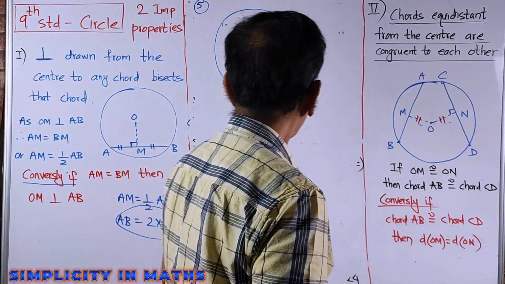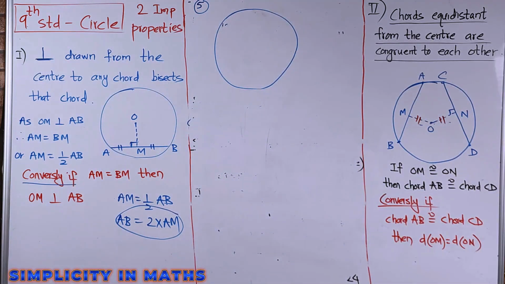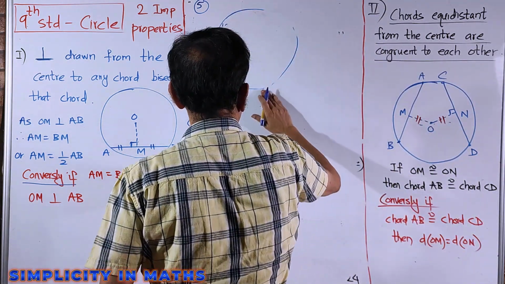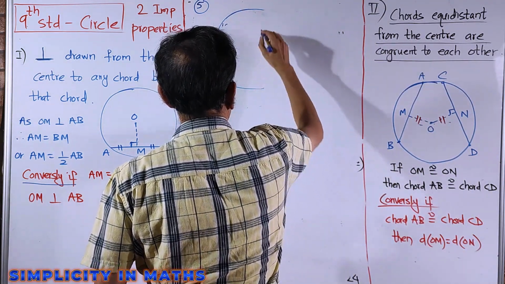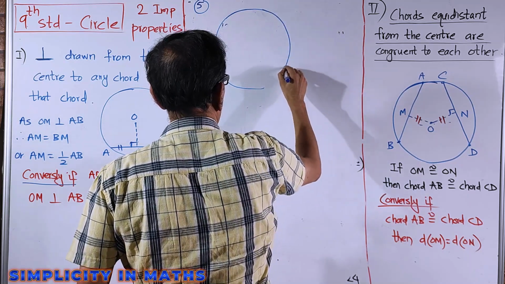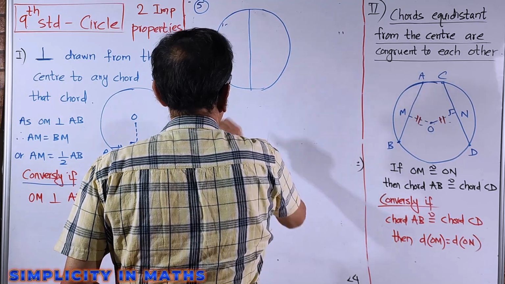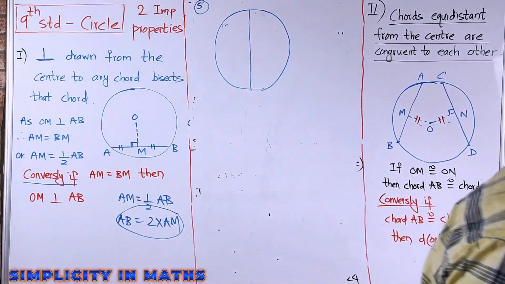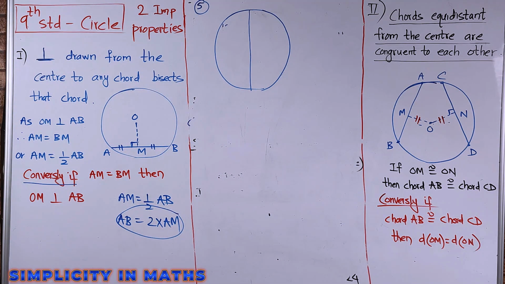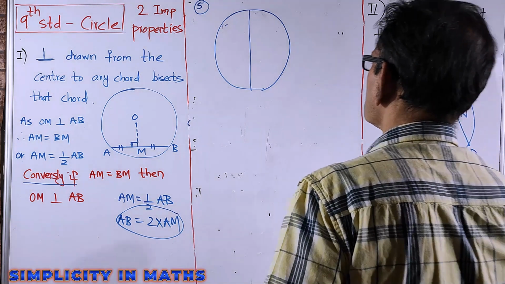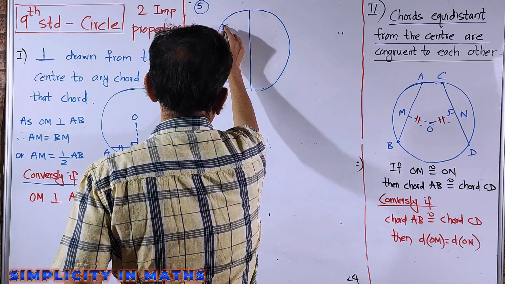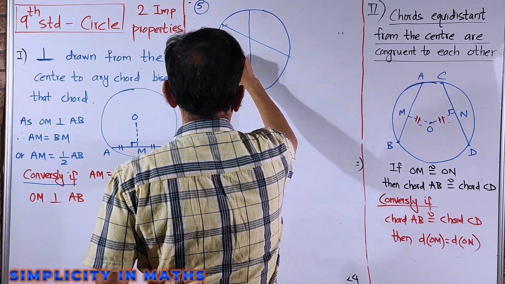A circle is given, one diameter is given, two chords are given.